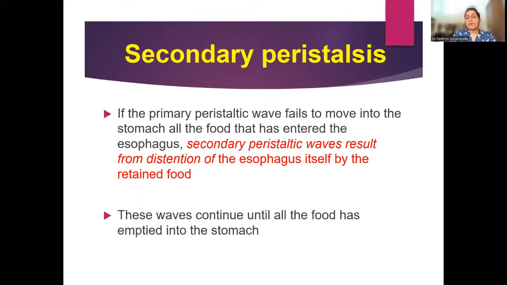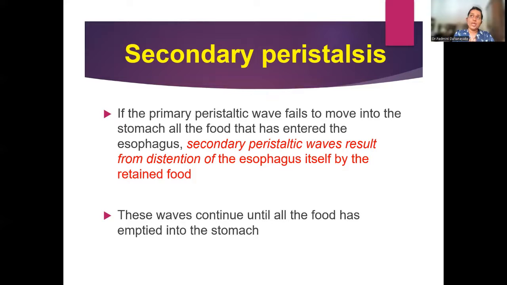If the primary peristaltic wave fails to move all the food that has entered the esophagus into the stomach, what will happen? Secondary peristaltic waves will result. They result from distension of the esophagus itself by the retained food.